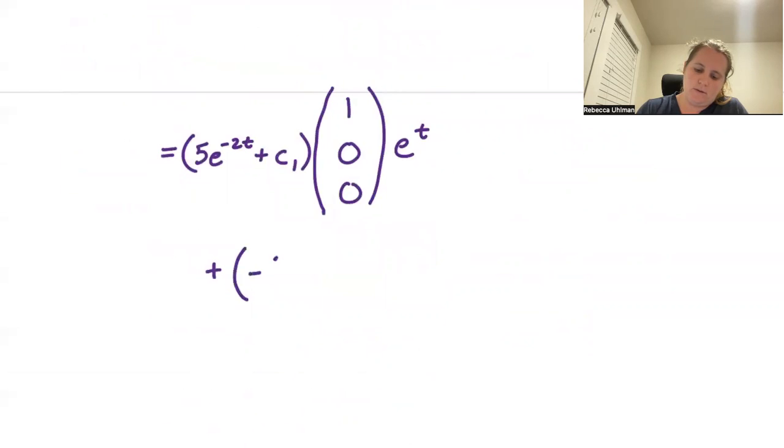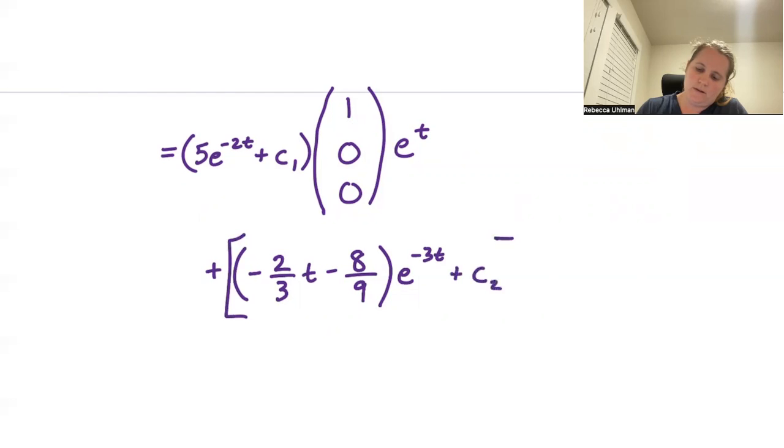So we have negative 2/3 t minus 8/9 all times e to the negative 3t and then plus c2. All of that is multiplying 3, 1, 1 times e to the 2t.